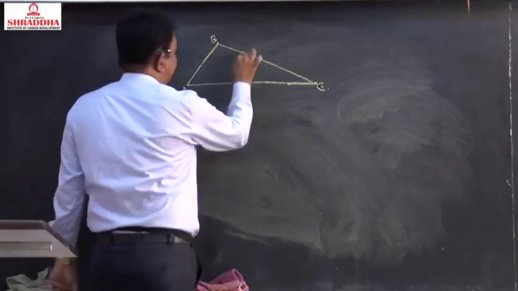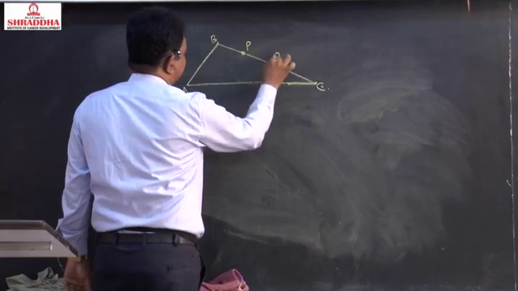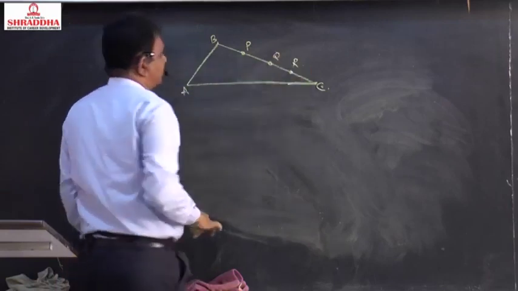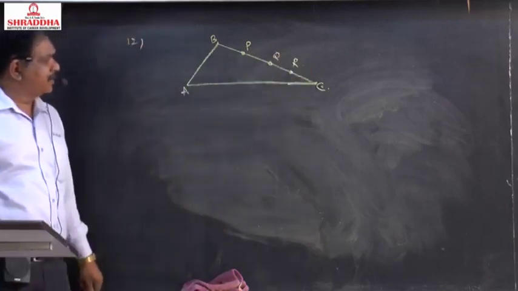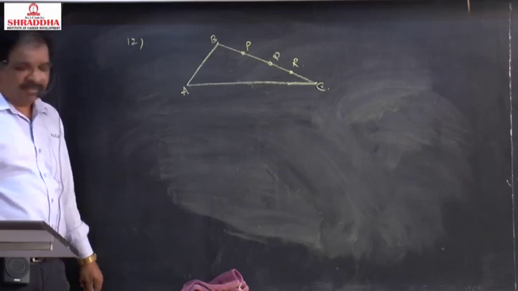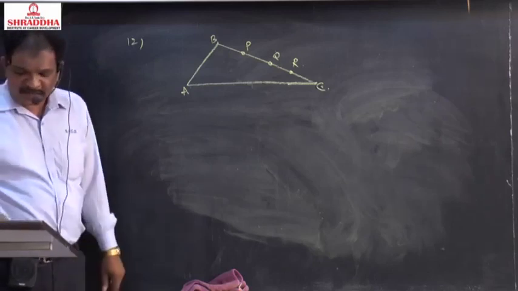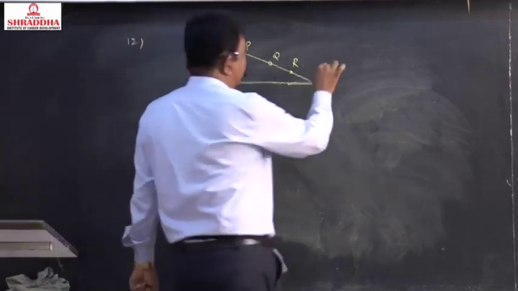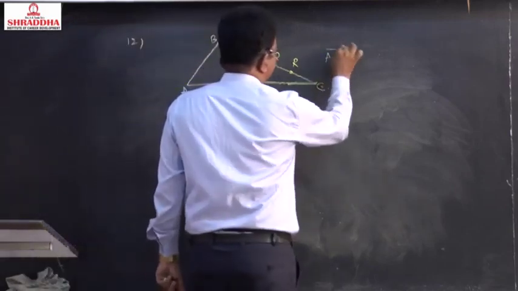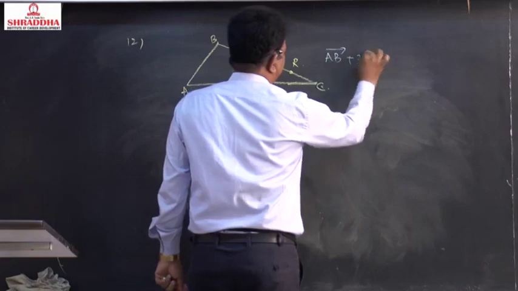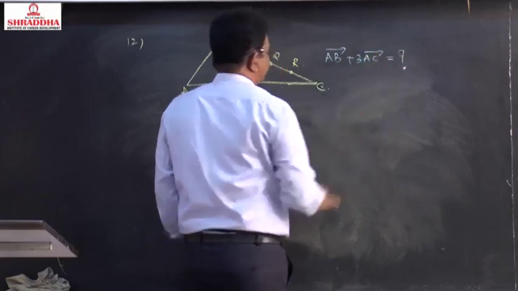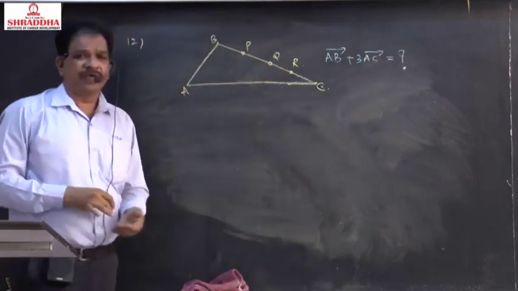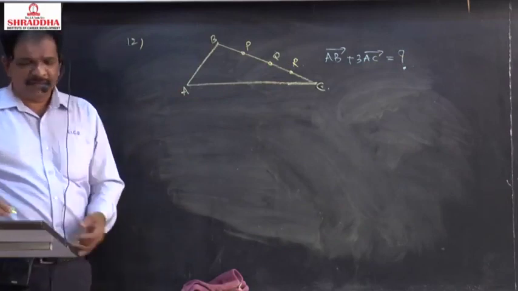It was divided into 3 parts, P, Q, R, so that all parts are the same. Then they are asking in that triangle AB bar plus 3 AC bar value will be how much? Use this diagram. Like that they are asking.